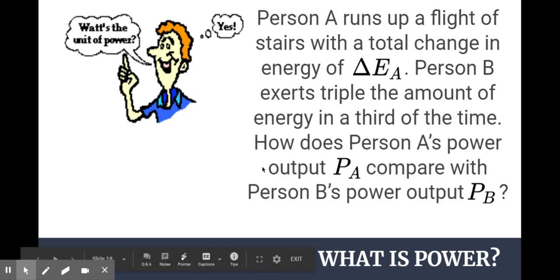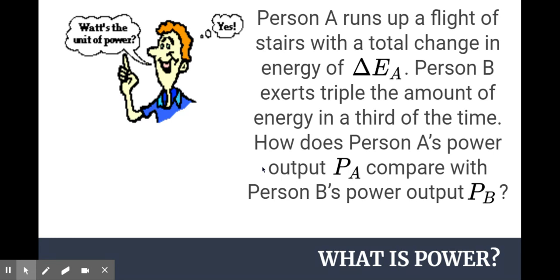Let's practice. So person A runs up a flight of stairs with a total change in energy of delta E sub A. Person B exerts triple, 3 times the amount of energy, and does it in a third of the time. How does person A's power output compare to person B's power output?